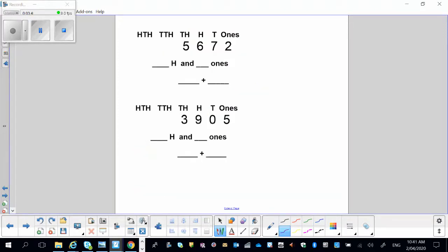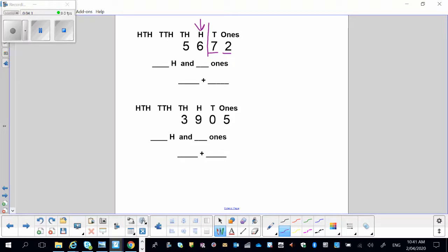Let's try some examples together now. Let's look at the number 5,672. The question's asking me how many hundreds and how many ones. So the first thing I do is I find my hundreds place: my ones, my tens, my hundreds. I then split the number between the hundreds and the ones.